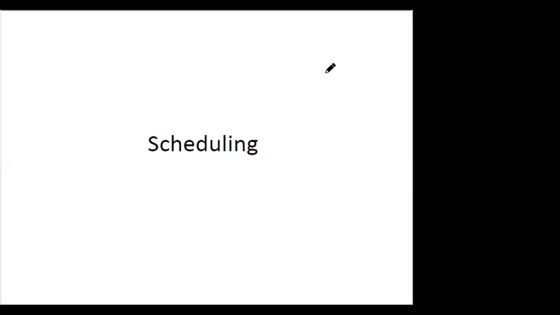In order to overcome these delays, we use this concept of scheduling. We will see what the basic concept of scheduling is in the upcoming slides, and how it is used to overcome hazards.